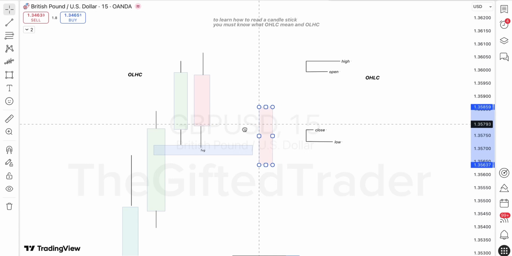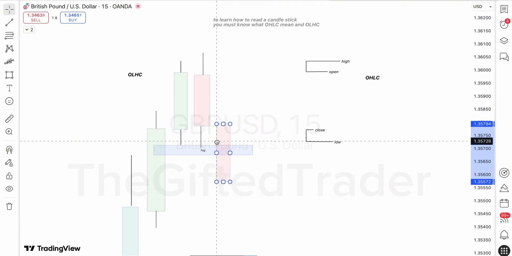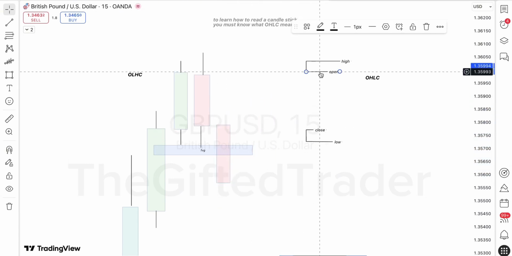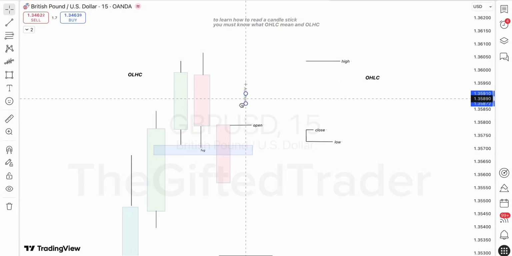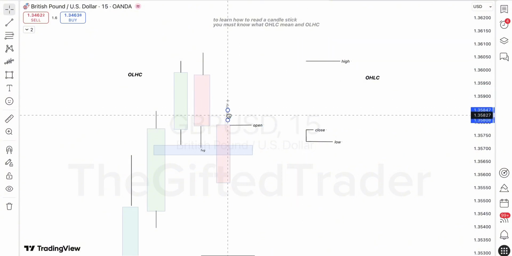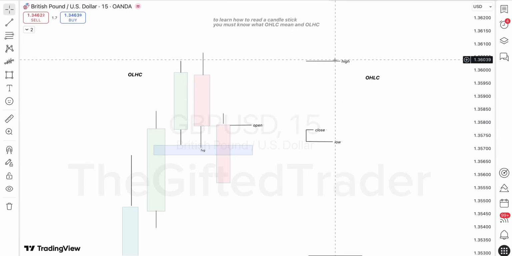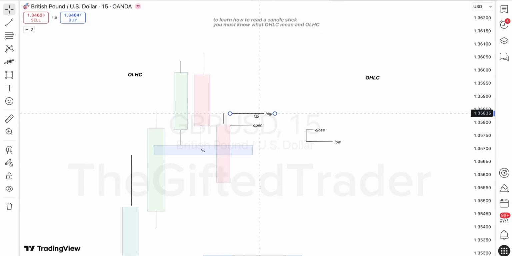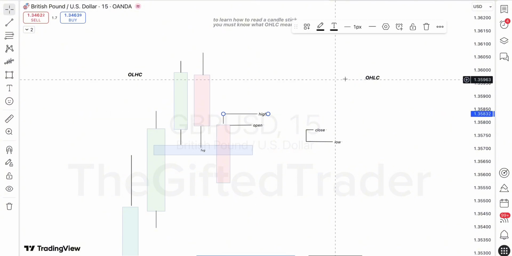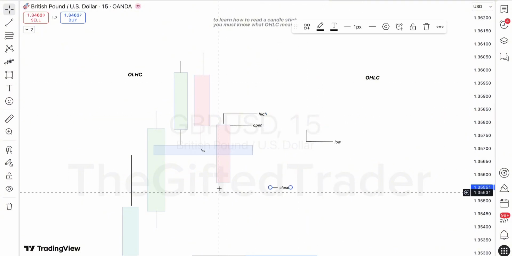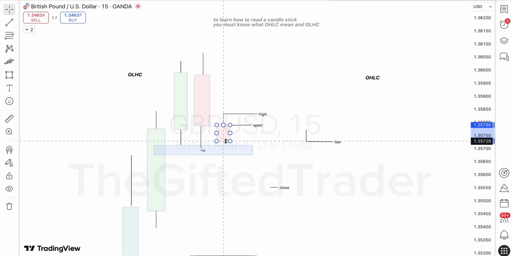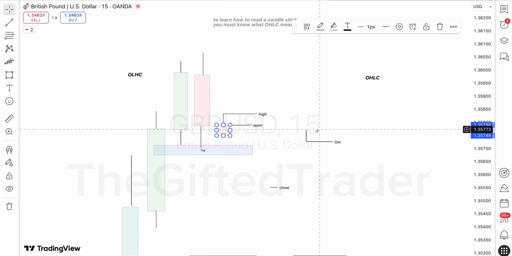And this is the open right here. This is the high. Now price did this. Let's say price did this.